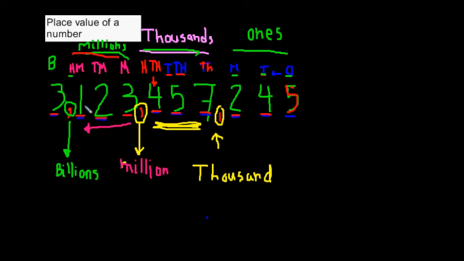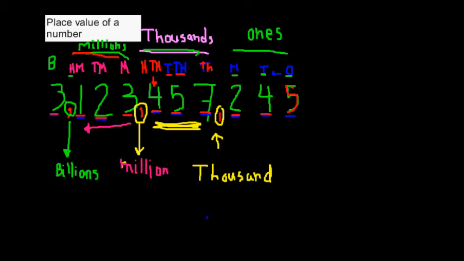Here, place value of 5 is 5, place value of 4 is 40, the place value of 2 is 200, the place value of 7 is 7,000, the place value of 5 is 50,000, the place value of 4 is 400,000, the place value of 3 is 3 million, the place value of 2 is 20 millions, the place value of 1 is 100 millions, and the place value of 3 is 3 billion.